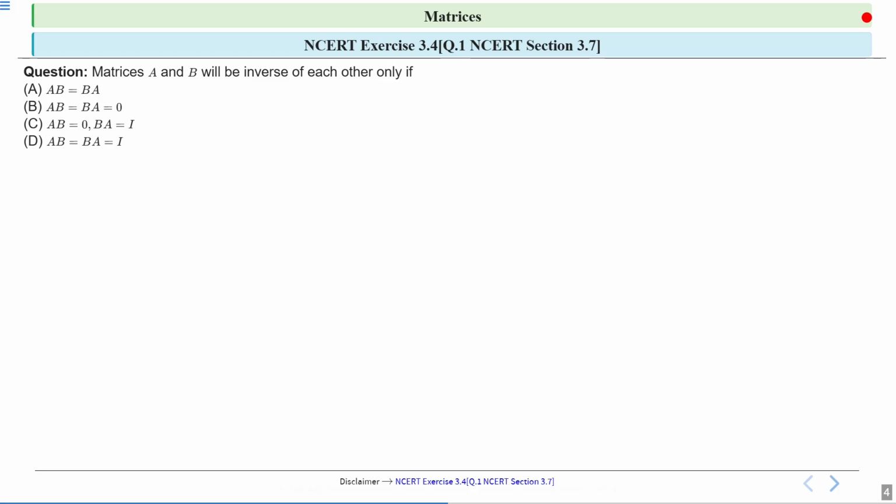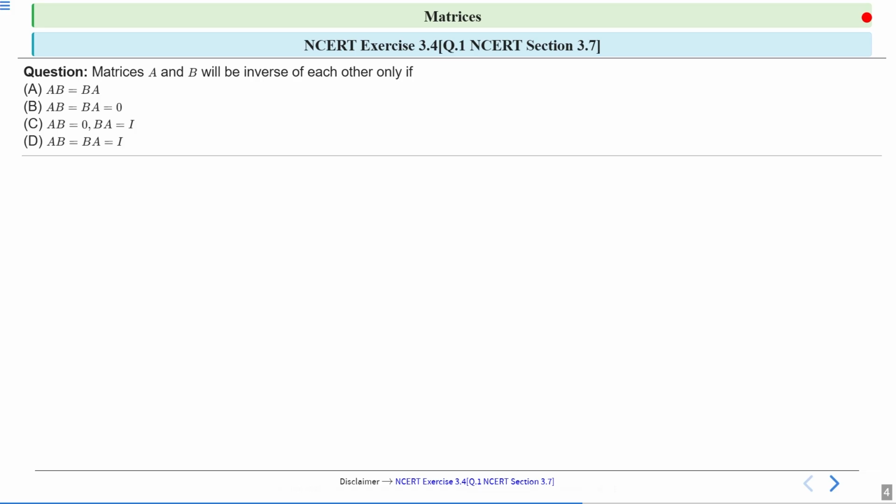It says matrices A and B will be inverse of each other only if: option A, AB is equal to BA; option B, AB is equal to BA is equal to 0; option C, AB is equal to 0, BA is equal to I; and option D, AB is equal to BA is equal to I. So you have to find out which of the four options will be the correct one.